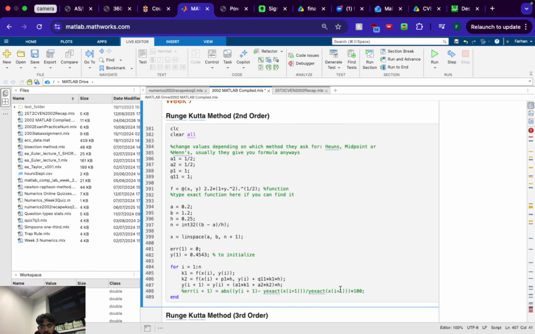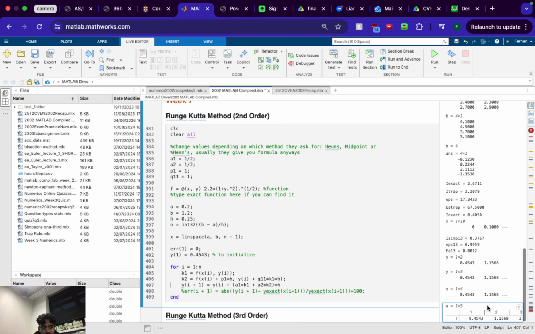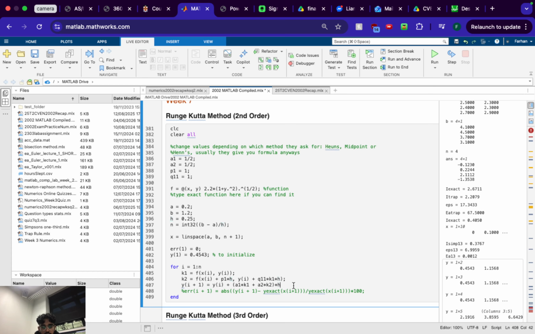Why is it not showing anything? So those are our different solutions.